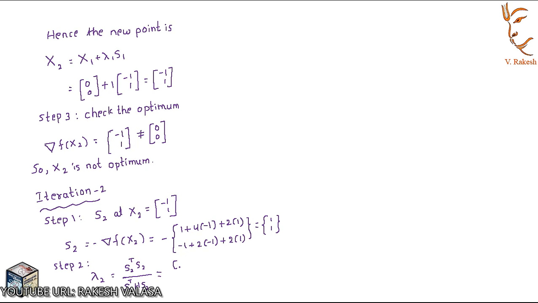S2 transpose is 1 1, S2 is 1 1, by 1 1. Hessian matrix is 4 2 2 2, S2 is 1 1. Now simplify this one, you can get 2 by 10, that is 1 by 5.